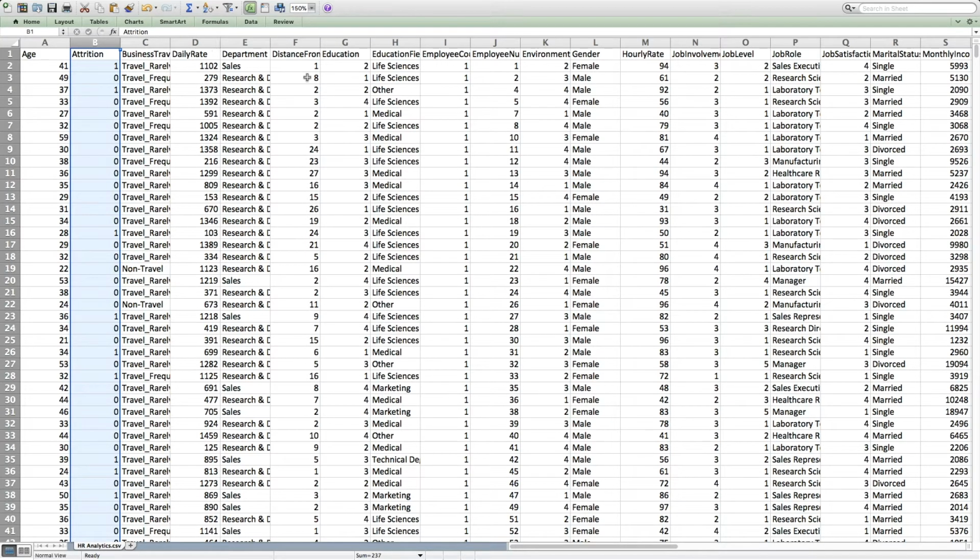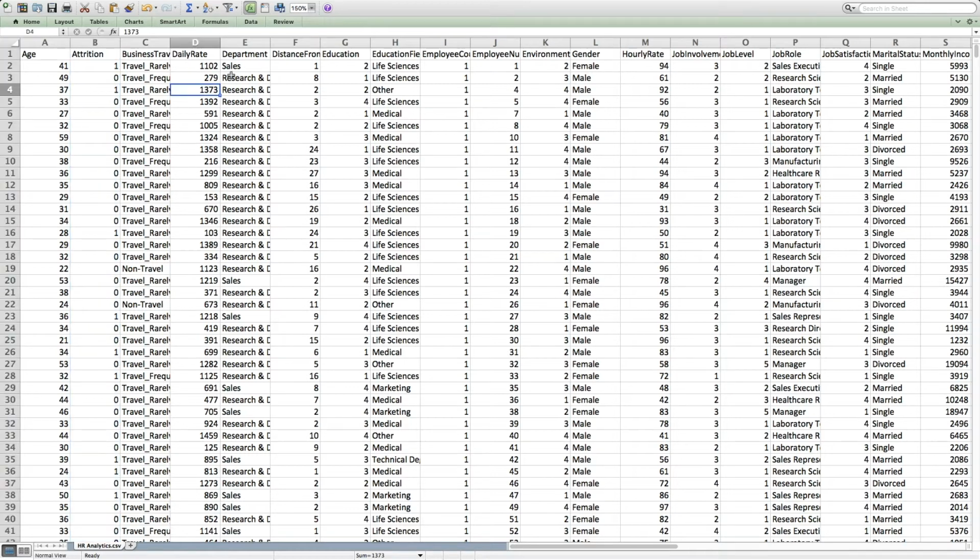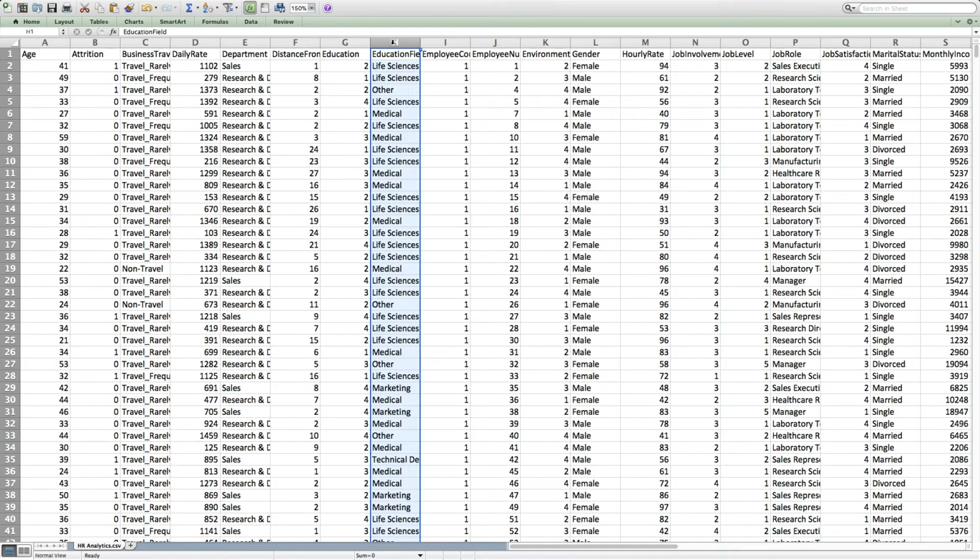In this data set, we have many categorical columns, as I mentioned: job role, department, education field, etc. We will choose education field and try to understand how to do frequency analysis on this categorical column.